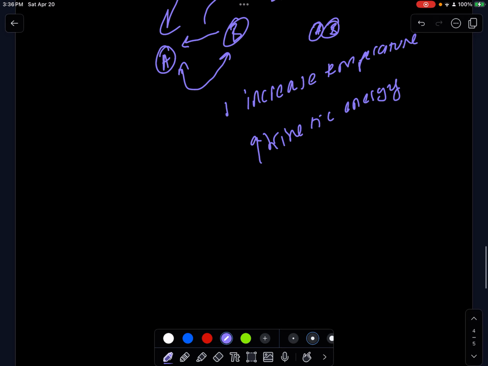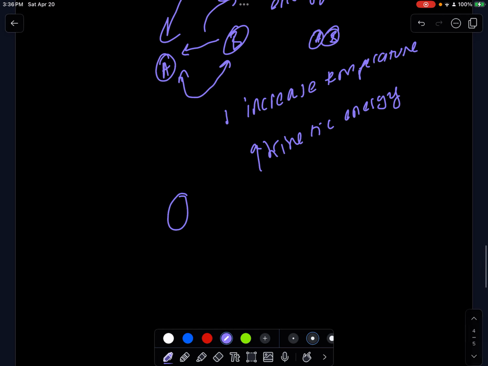And what this means is that when the temperature has increased, the kinetic energy of reactants A and reactants B has increased enough so that they can collide with each other. And this is important because the more kinetic energy there is, the more often they will collide, and the more often they will collide with enough energy.